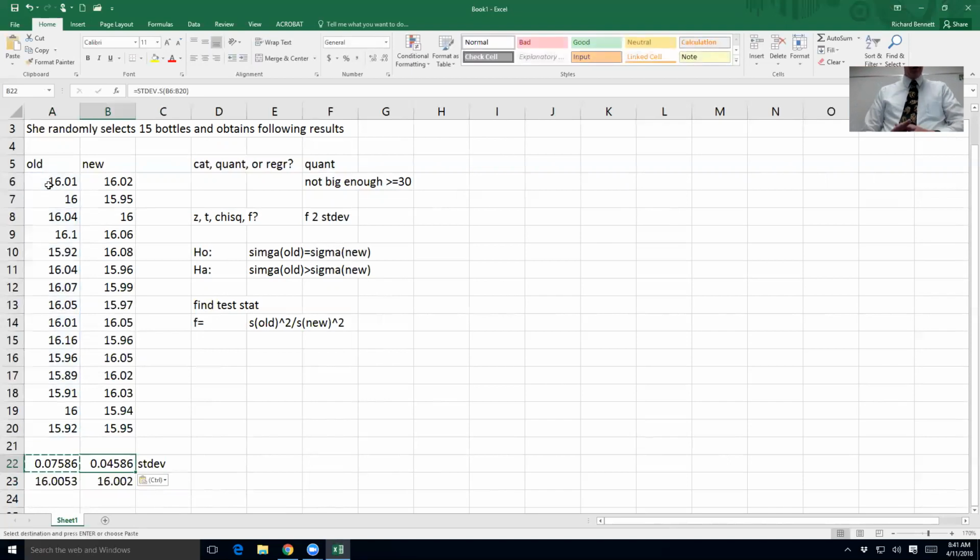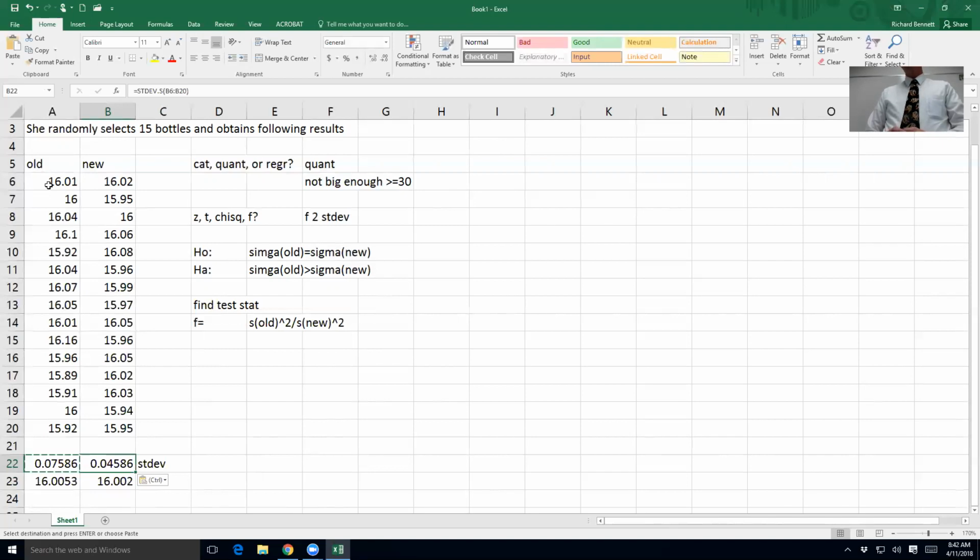So what do you guys think? Does it look like the new machine's better than the old? Yeah, maybe slightly. It's a 0.04 versus 0.07. Is that a big difference? We're going to find out, right?